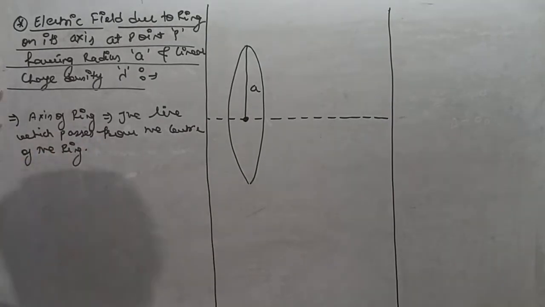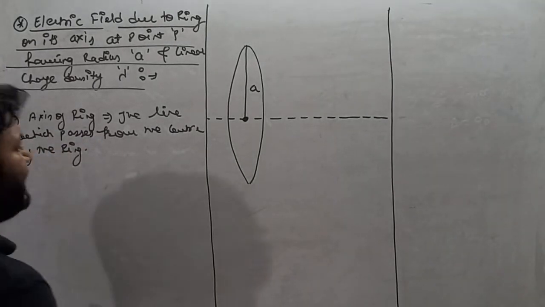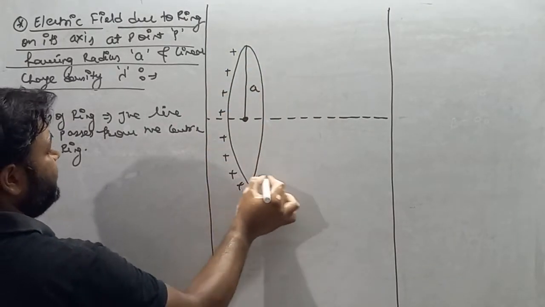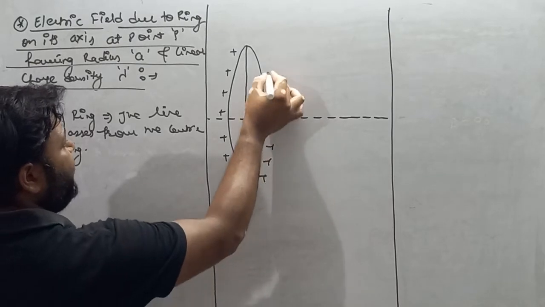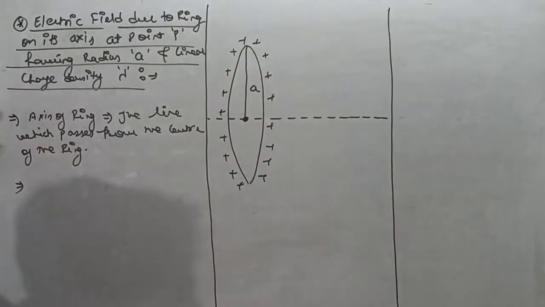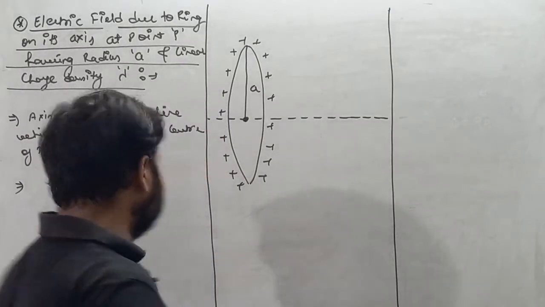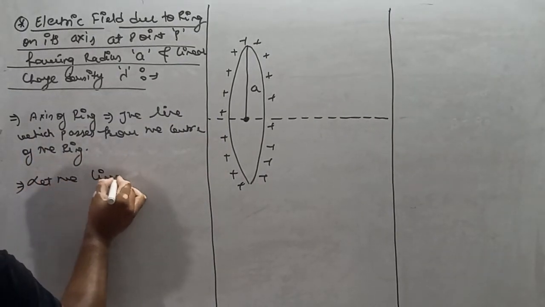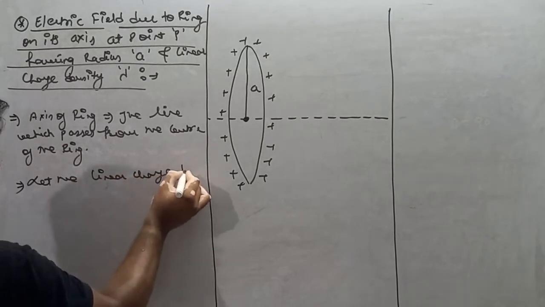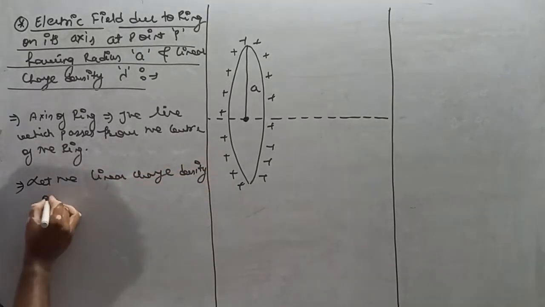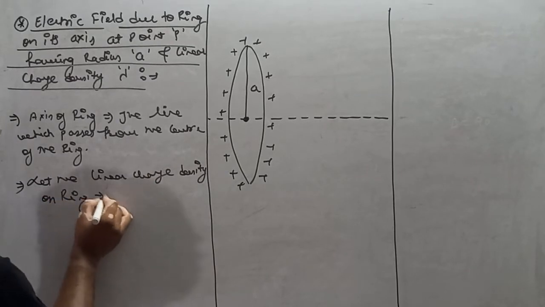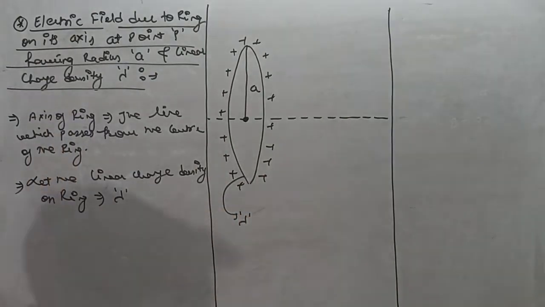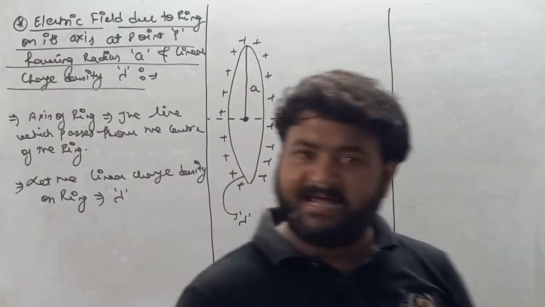So we have a ring having linear charge density lambda. Let's suppose the charge on the ring is positive. Let's see how we have to find the value of electric field due to this ring. So let the linear charge density on the ring be, my dear student, lambda.